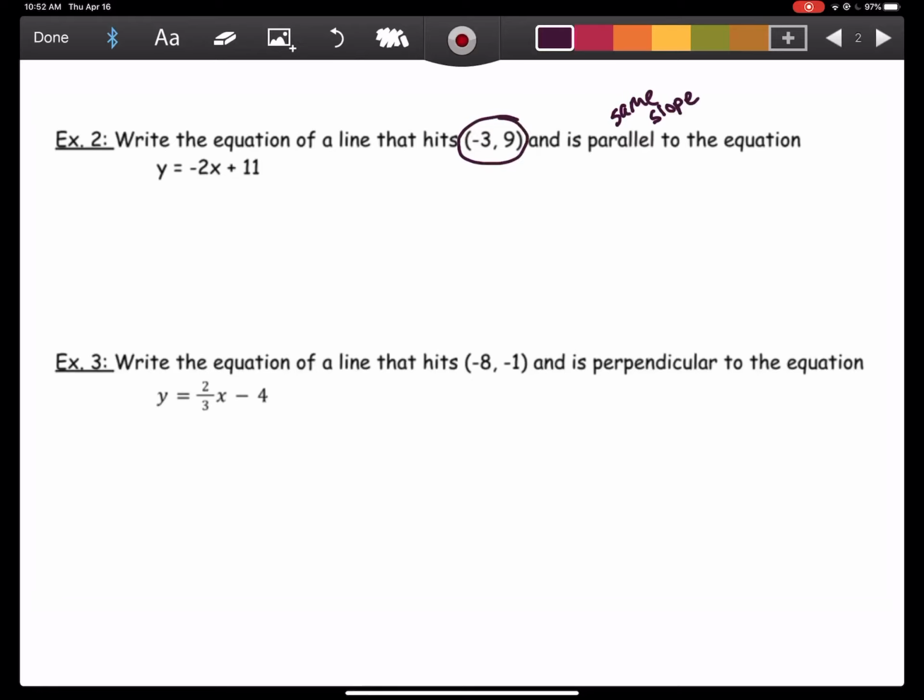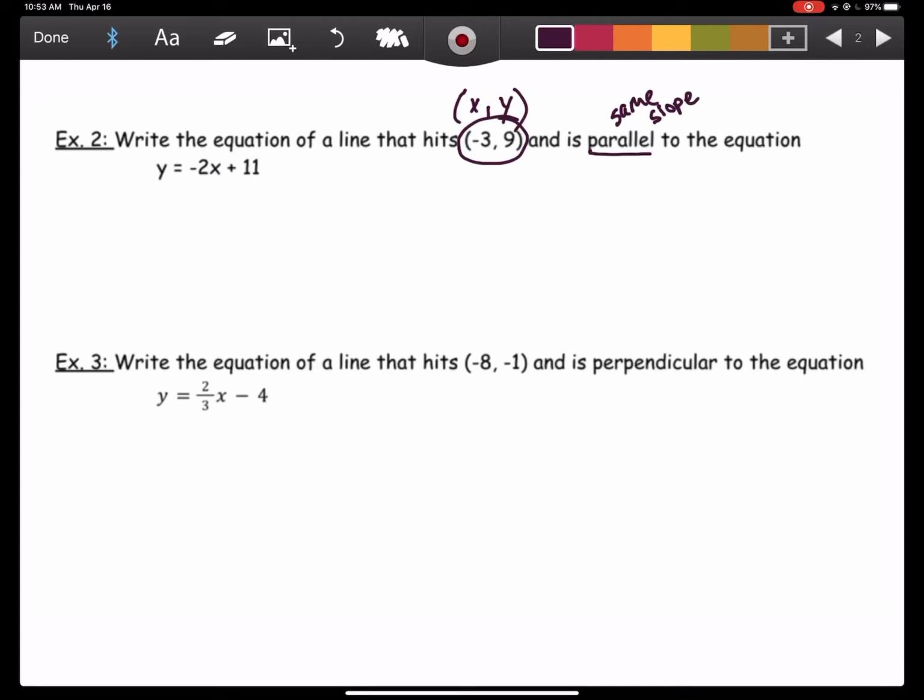I am going to label it x, comma y, because it would be very frustrating to make a mistake like that. And I've made a little note that parallel should remind me of two equations that have the same slope. And now I'm going to turn my attention over to this equation, okay?